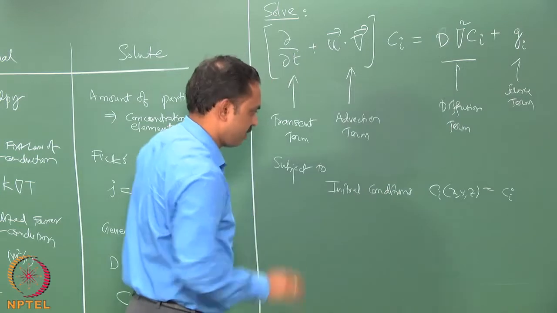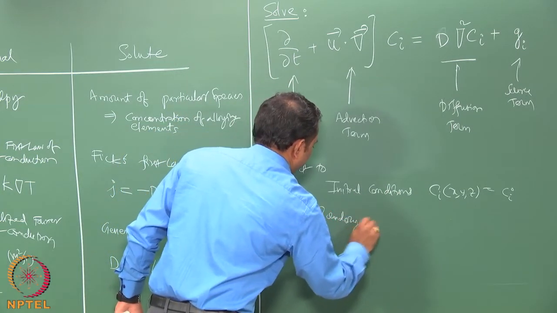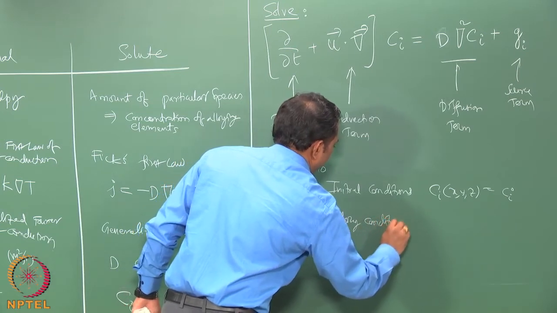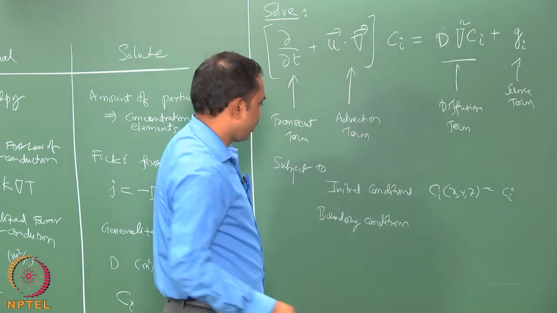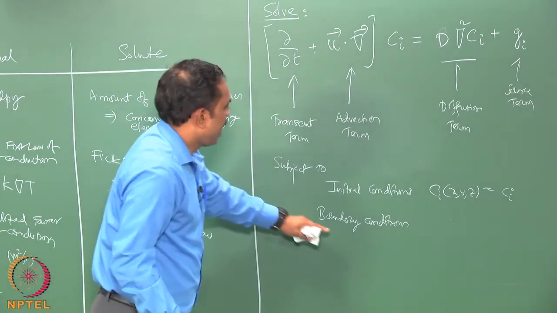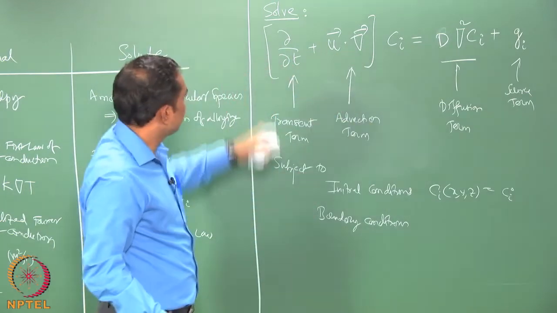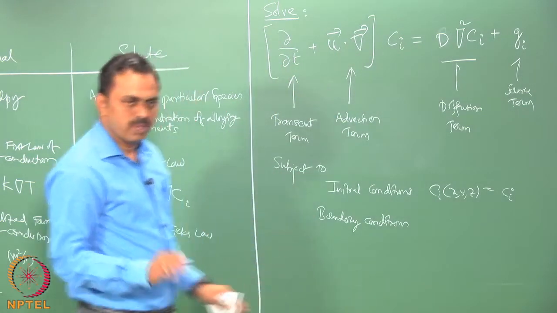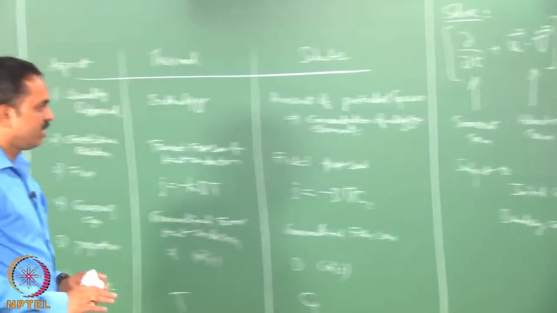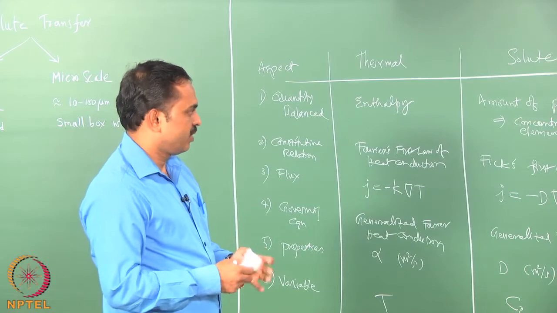Some initial conditions are known, and boundary conditions, and we will look at what boundary conditions are applicable shortly. And once you have these and the property values and the velocity values, etc., then you have got the problem well stated, and that would constitute how you want to go ahead with the macro scale solute transfer model.